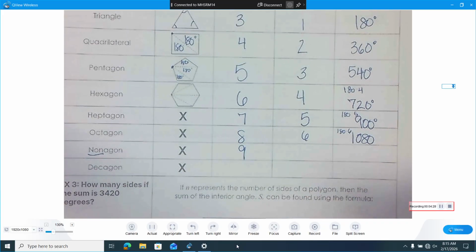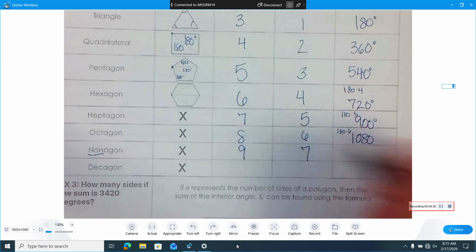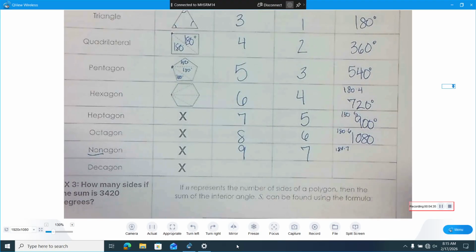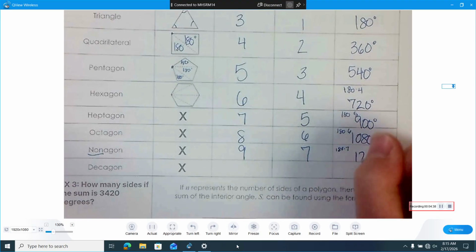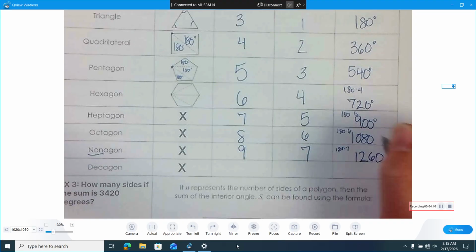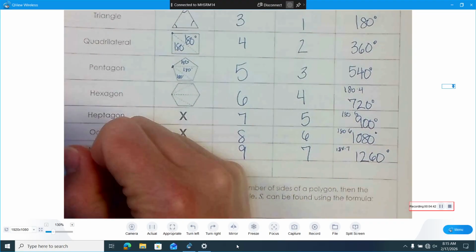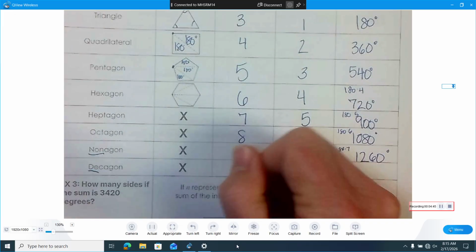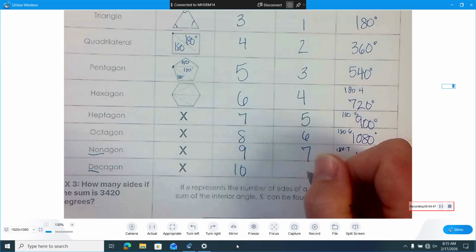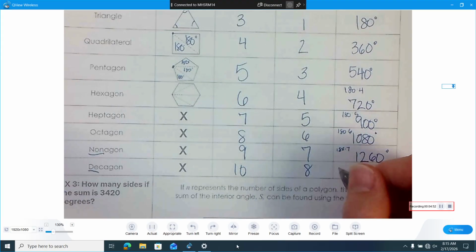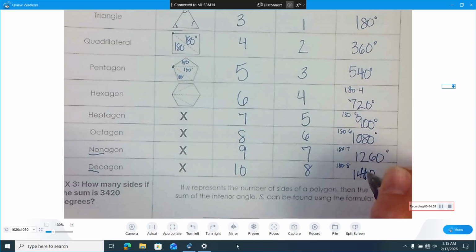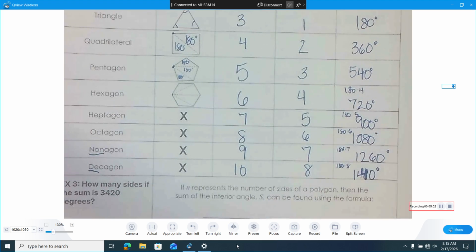How many triangles is that going to have? 7. And then we would do 180 times 7 to get the number of degrees. Yeah, 1,260 degrees. What's a decagon? 10-sided figure, which means there's going to be how many triangles? 8 triangles, good. And we can do 180 times 8, which would be, oopsie daisy, 1,440 degrees.